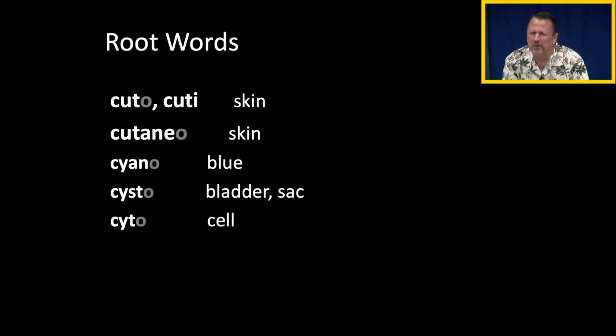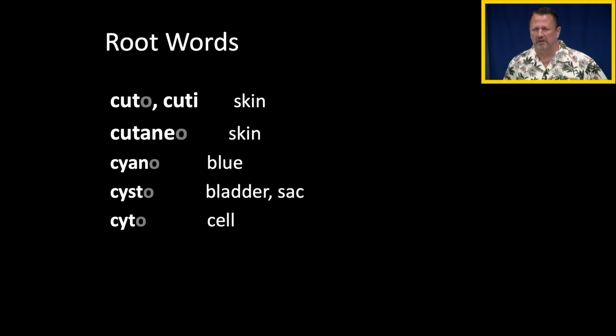But cysto can actually mean any kind of empty space, so be careful with that word. It can refer to the gallbladder, it can refer to the bladder, it can refer to any of those empty spaces.